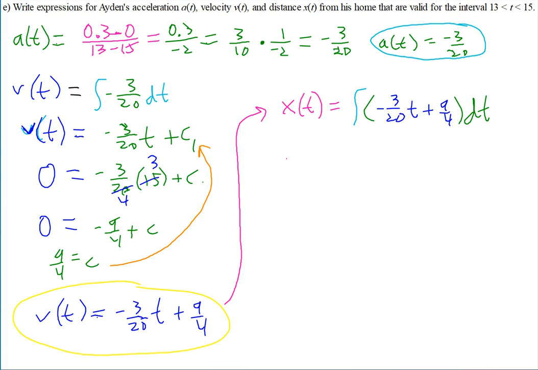Okay, so x of t would equal, when you integrate this, negative 3 over 20 stays out in front, and then integrate t, which is t to the first, you get t squared over 2, plus, when you integrate a constant, 9/4 t.